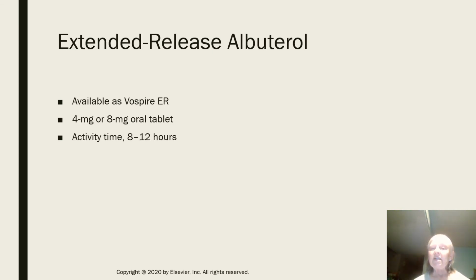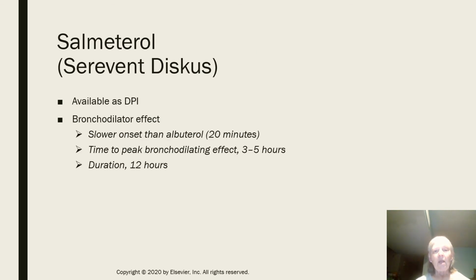So there's your extended release albuterol, and that's your Volmax ER, and these are oral tablets. And as you can see, the time is anywhere from 8 to 12 hours with the tablets. There's your Serevent Diskus. Like I said, they're not being marketed by themselves anymore. Serevent is actually marketed with one of the inhaled corticosteroids.